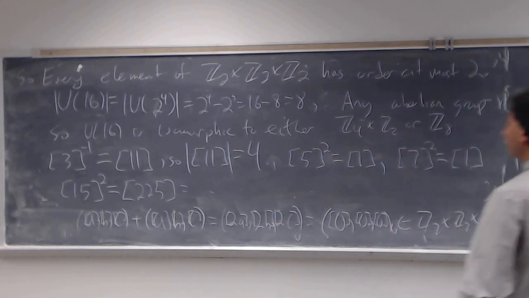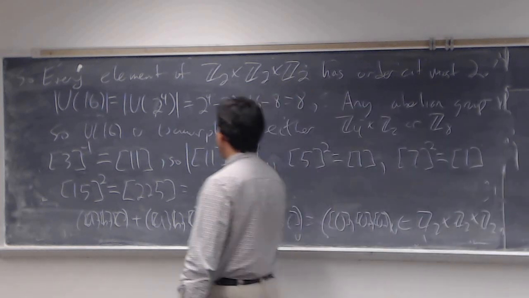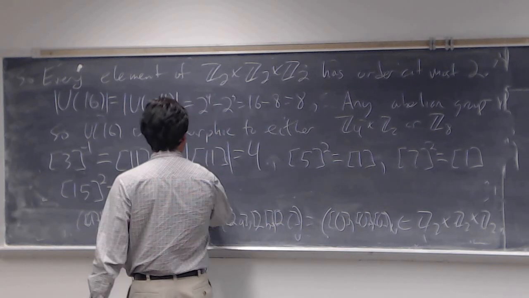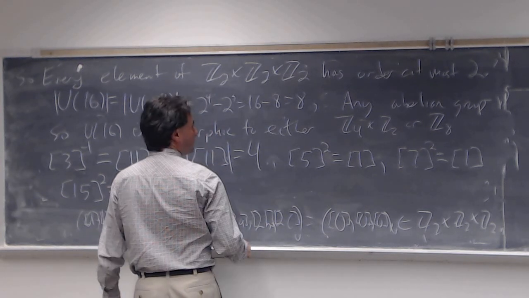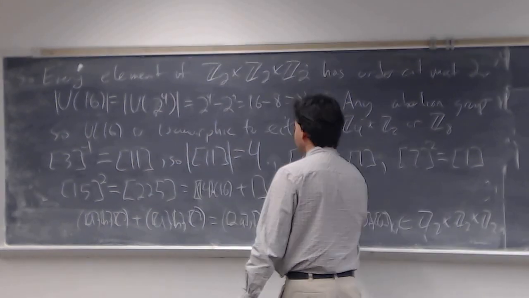We can do some long division: 225 is 14 times 16 plus 1, which mod 16 is just equal to 1.